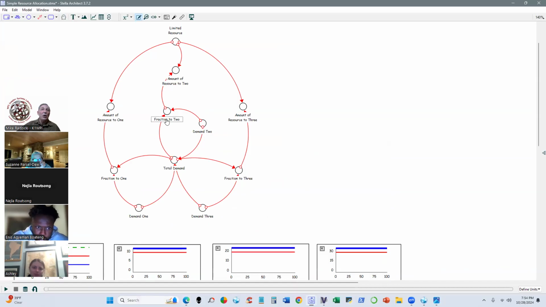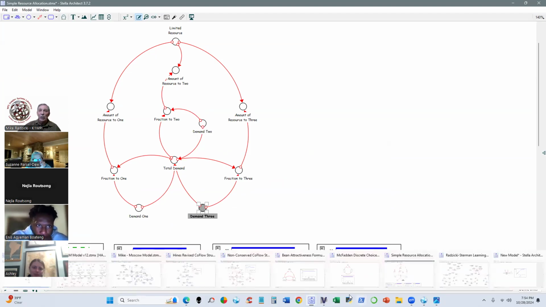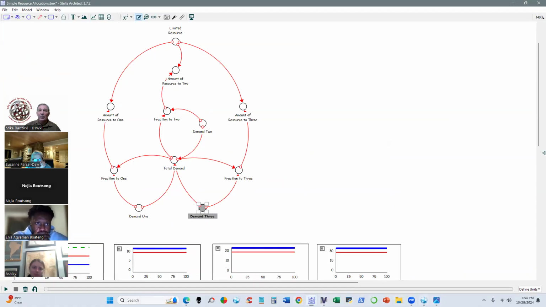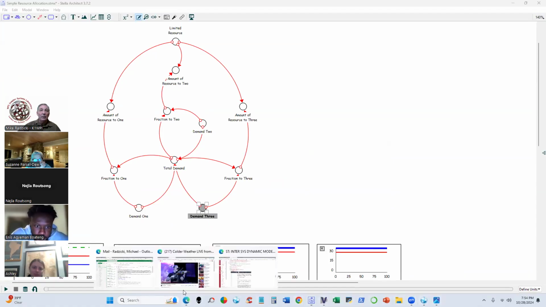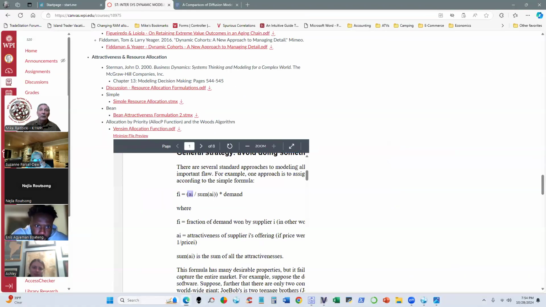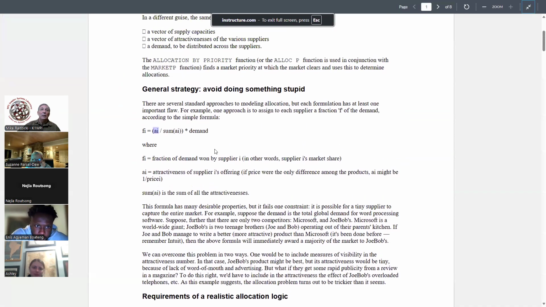So this is what he's calling attractiveness 1, attractiveness 2, attractiveness 3. I called it demand 1, demand 2, demand 3. Same thing. That's what he's showing us here. Okay, so this is the first one here.